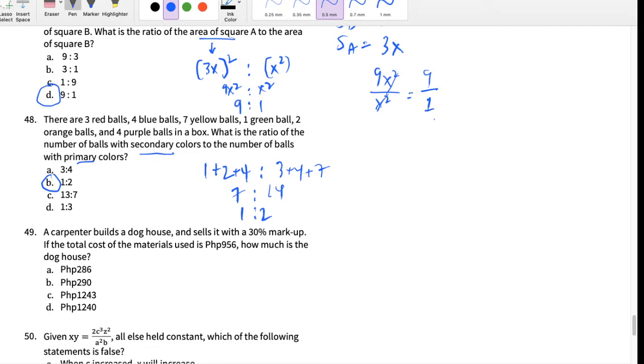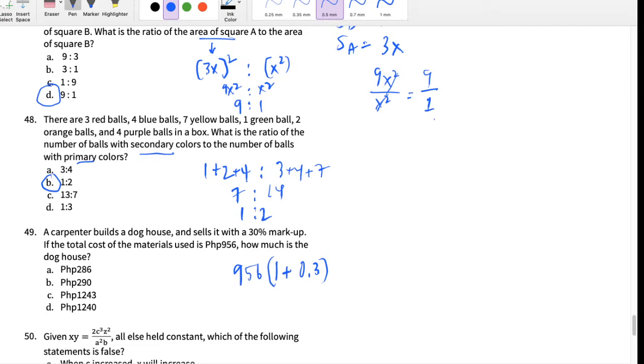A carpenter builds a doghouse and sells it with 30% markup. If the total cost of the materials used is 956, how much is the doghouse? So first get the 30% of 956, then add it to 956. Or a more straightforward way would be 956 times 1 plus 0.3.